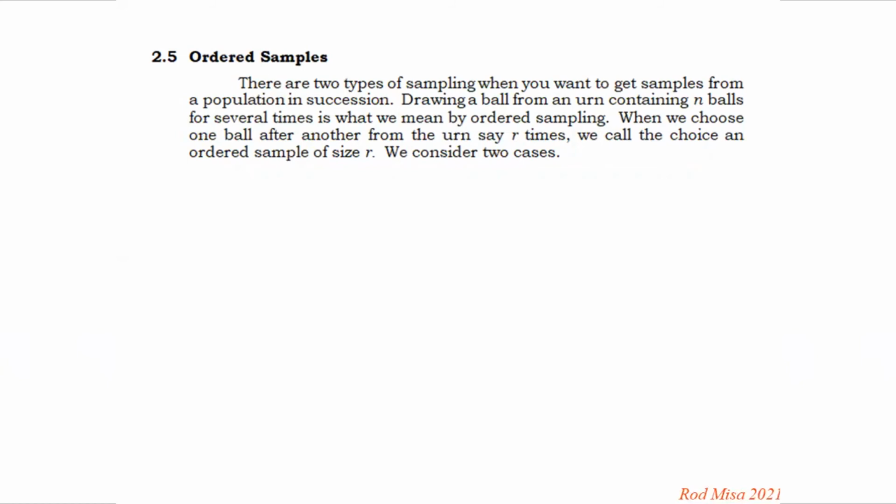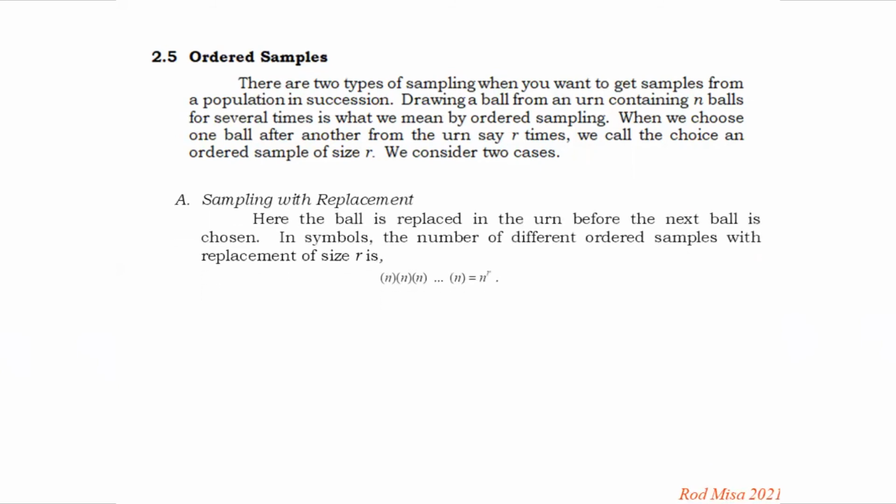When we choose one ball after another from the urn, say r times, we call the choice an ordered sample of size r. So here, it's like drawing one ball at a time from the urn until you reach r balls.